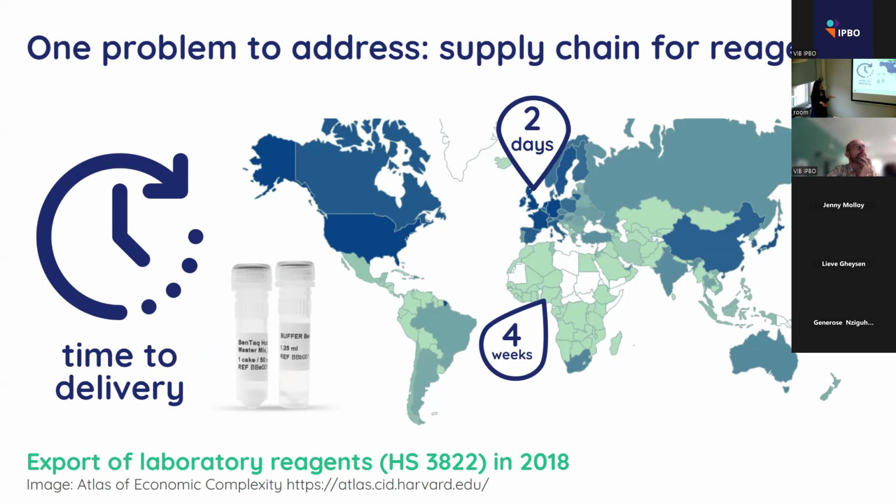Our colleagues in Cameroon, 4 weeks was probably about the best that they could hope for most things. This is clearly going to vary country by country, so I'd be interested in your experiences. And also vary depending on exactly what you're ordering. But regardless of whether it's 2 weeks or 4 weeks, it's a huge difference from 2 days.